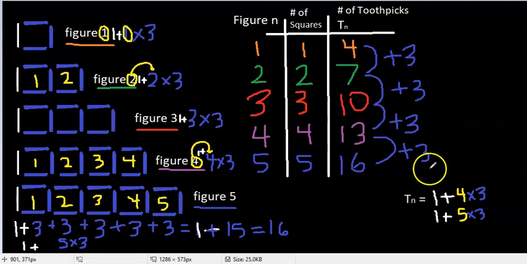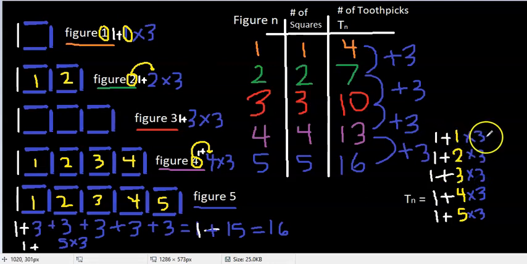If we continue to do this for my figure 3, I can say I have my 1 initial toothpick, plus 3 groups of 3 toothpicks.